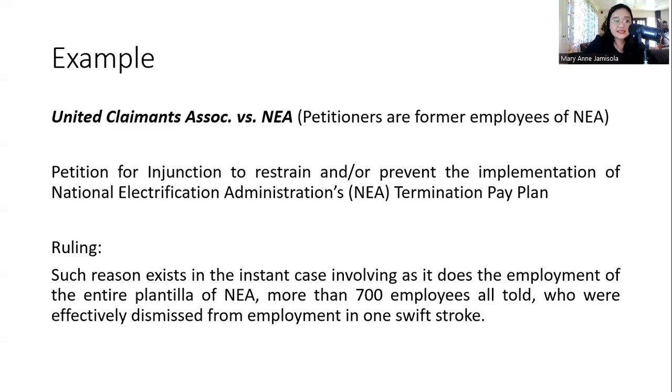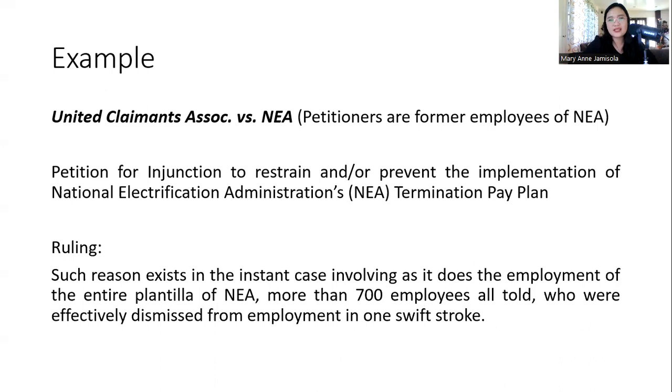So such reason exists. So ingon siya, ang katukuran one of the exceptions sa rule ni-exist daw ani nga case because the case involves, as it does, the employment of the entire plantilla of NEA. So more than 700 employees were affected. They were effectively dismissed from employment in one swift stroke because of the implementation of this so-called termination pay plan.